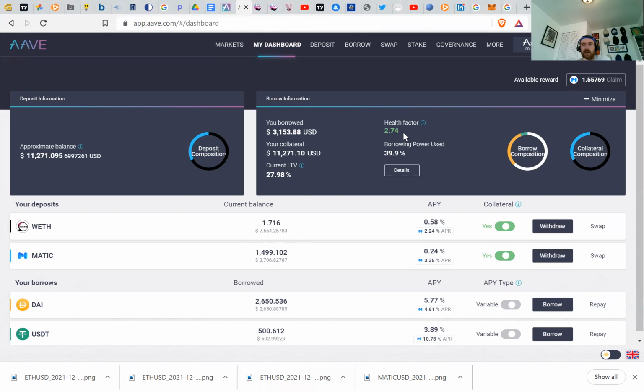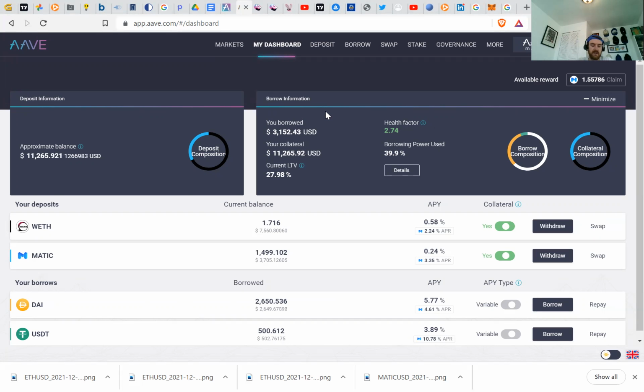And then you can see my health factor is 2.74, which is really healthy, which means we could crash by 50% and I would be okay. We would have to go under like $2,000 Ethereum for me to not be okay. And the way you do that is you take the amount you borrowed, and you calculate it as the lowest amount that your collateral can get to.